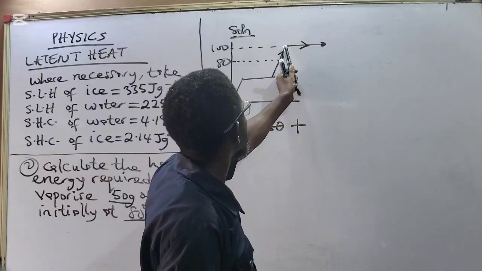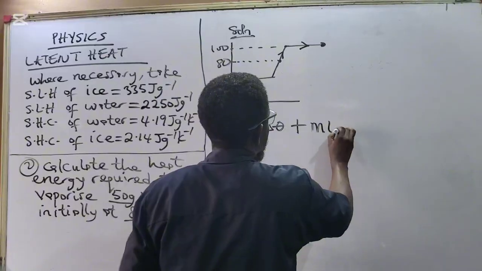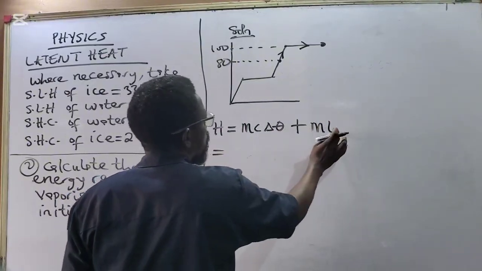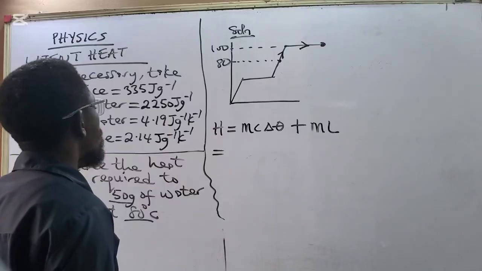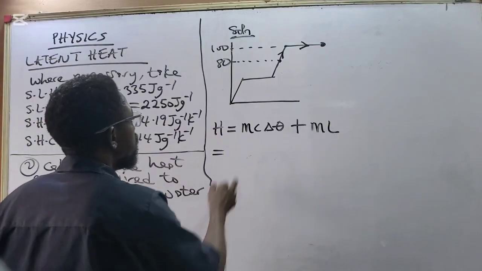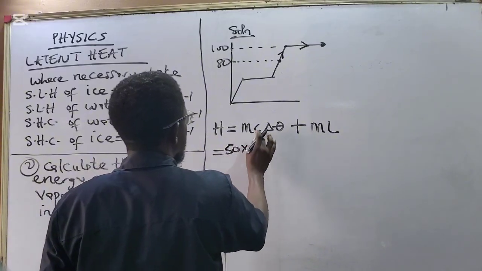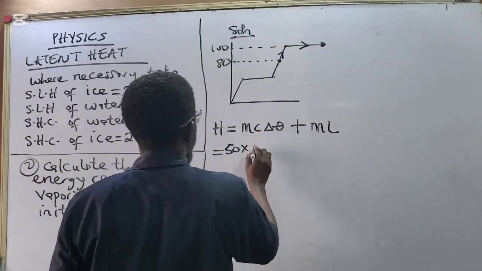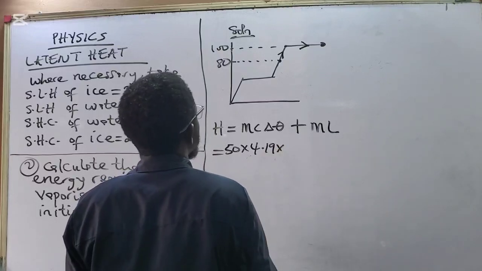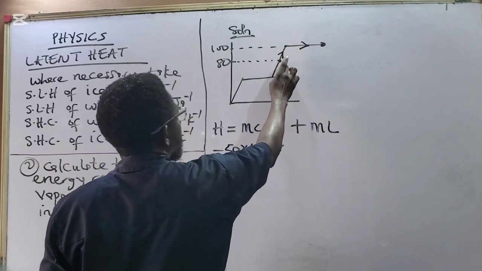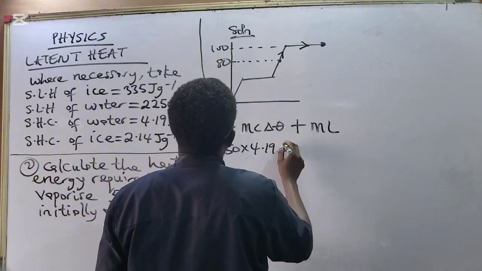Now to convert water at 100 to steam, that's M L, which is the mass times the latent heat of vaporization of water. So now the mass given is 50. Specific heat capacity of water is 4.19. The change in temperature will be 100 minus 80, that will be 20.